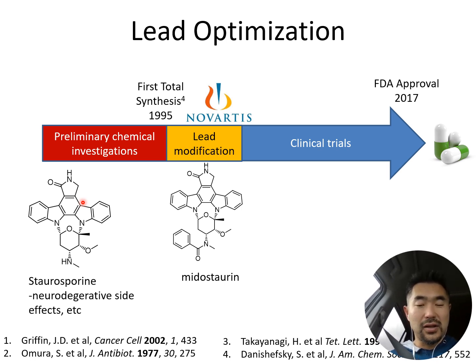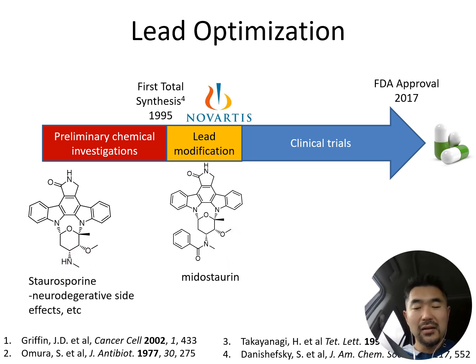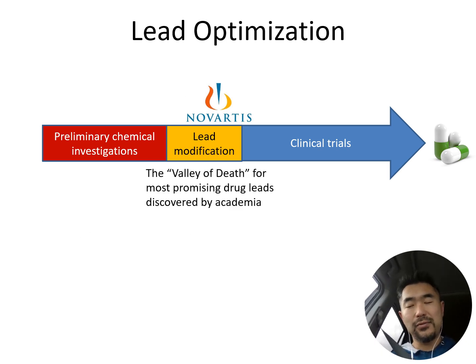It had neurodegenerative side effects, and then I think, if I remember right, there were some issues with the liver as well. During the lead optimization or modification, the goal was to eliminate the side effects as much as they could, and that was achieved when they added the amide functional group at this free amine to create midostaurin, and that's what they proceeded with.